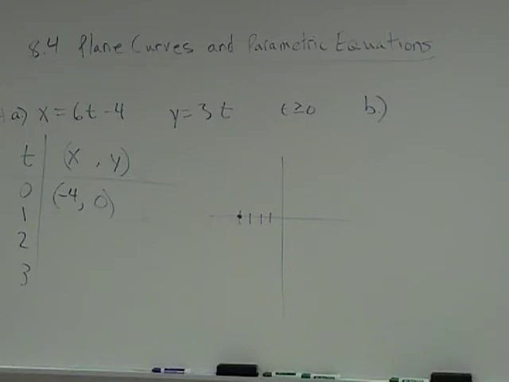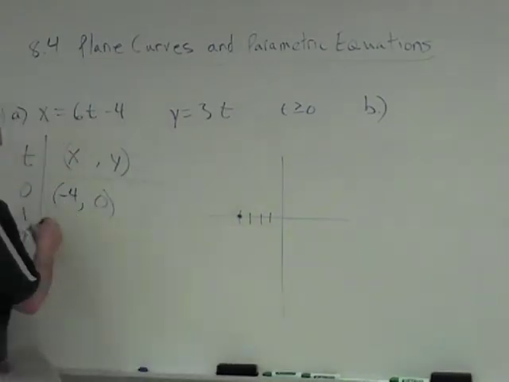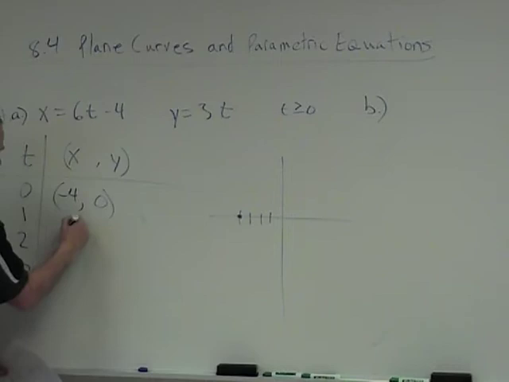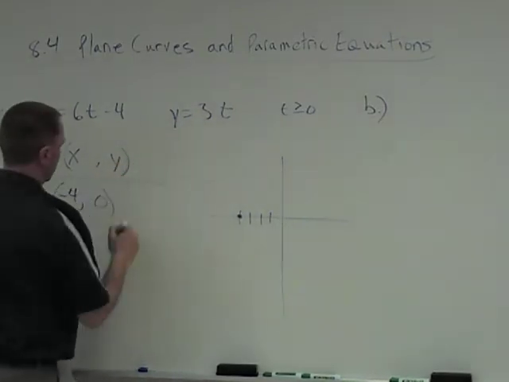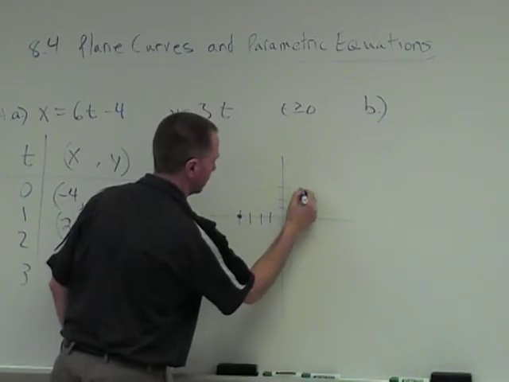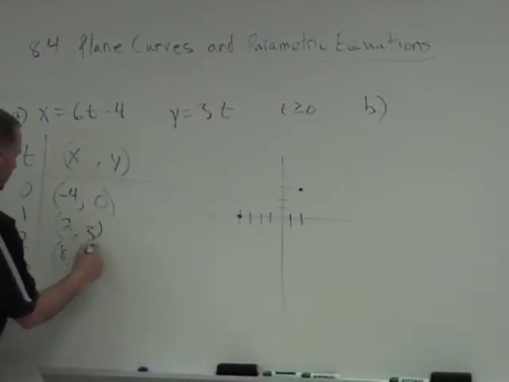All right, I'll go through this with you while you're finishing up. When t is 1, I get 6 minus 4 is 2, and 3 times 1 is 3. So there's 2, 3. And for t equals 2, 12 minus 4 is 8, and 3 times 2 is 6, so 8, 6.